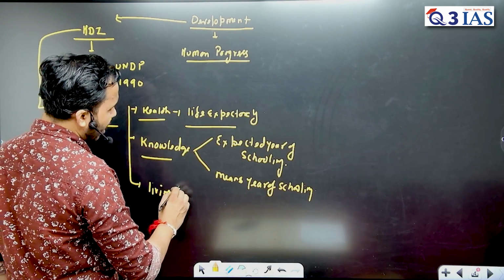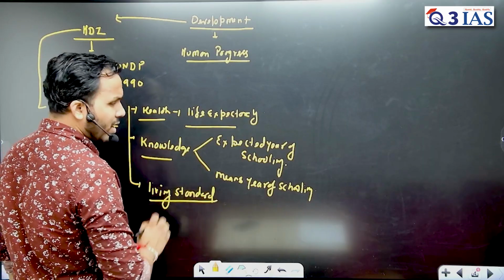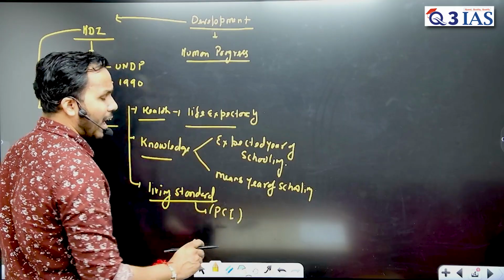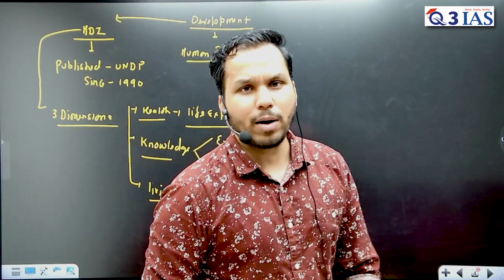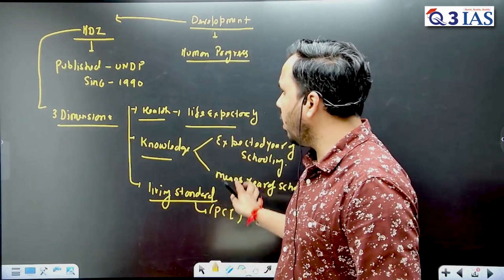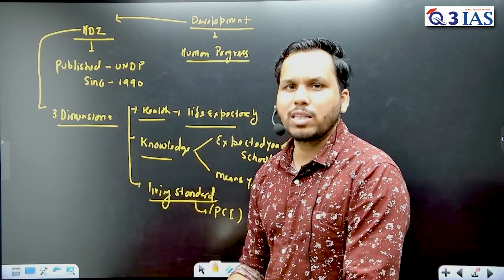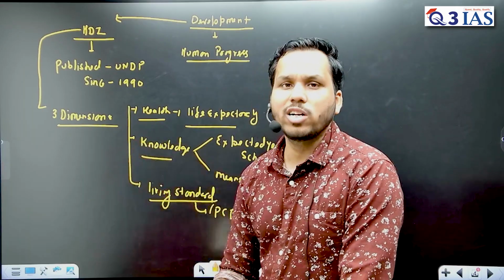The living standard can also be reflected by per capita income. So generally these are the dimensions which are measured by the UNDP to publish the HDI.